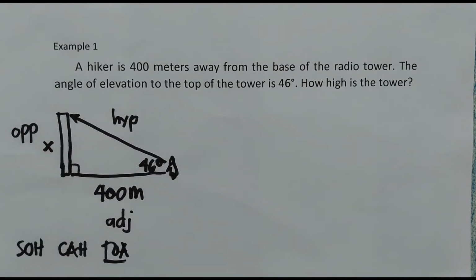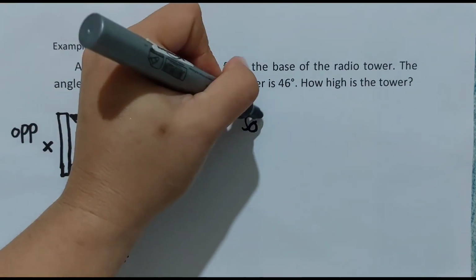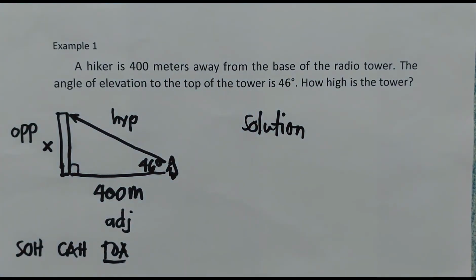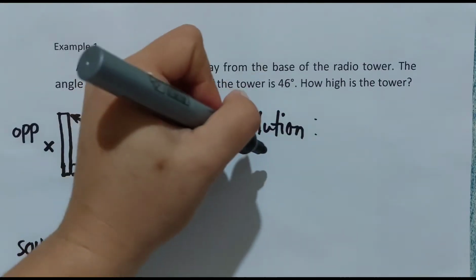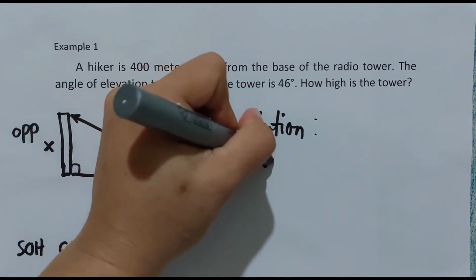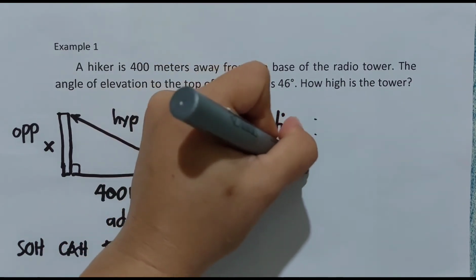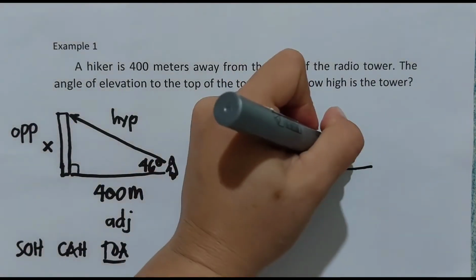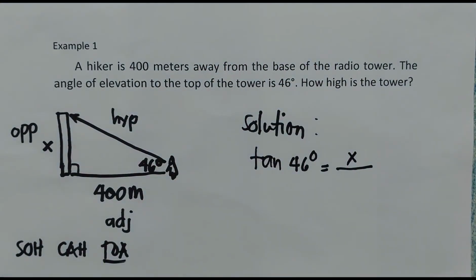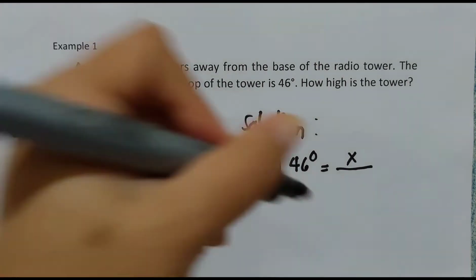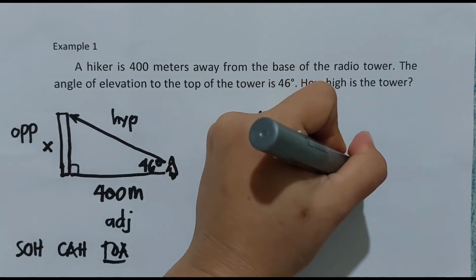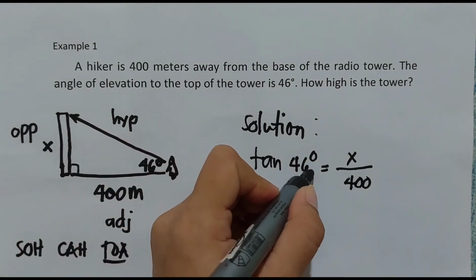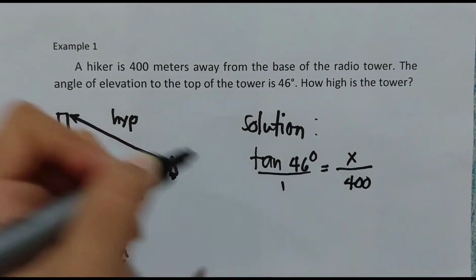So therefore, for our solution, since we are going to look for the height of the building, we will be using tangent 46 degrees is equal to opposite, which is represented by x, or the height of the building, over 400 meters.